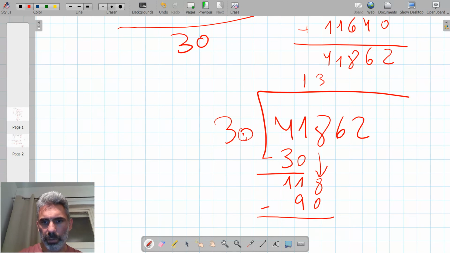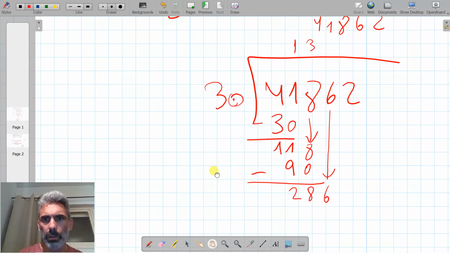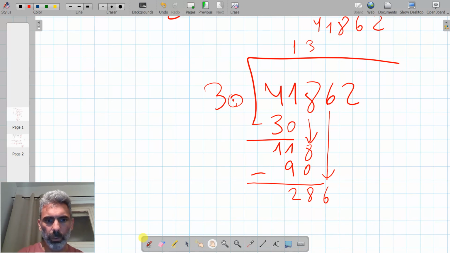Subtract, 28, bring down 6. 30 goes into 286 nine times. 9 times 30 is 270.